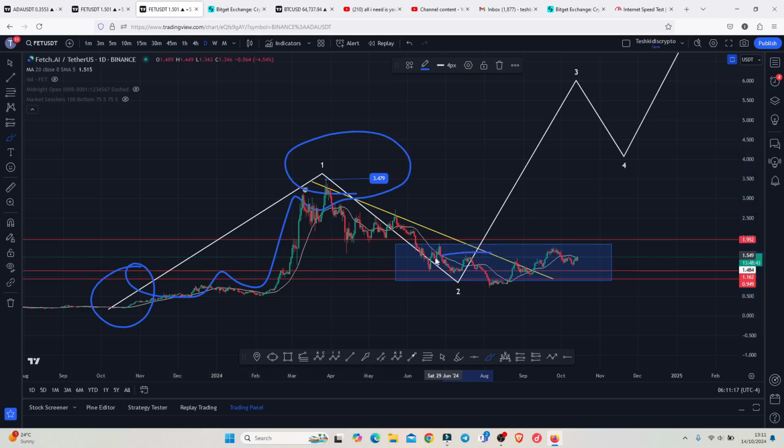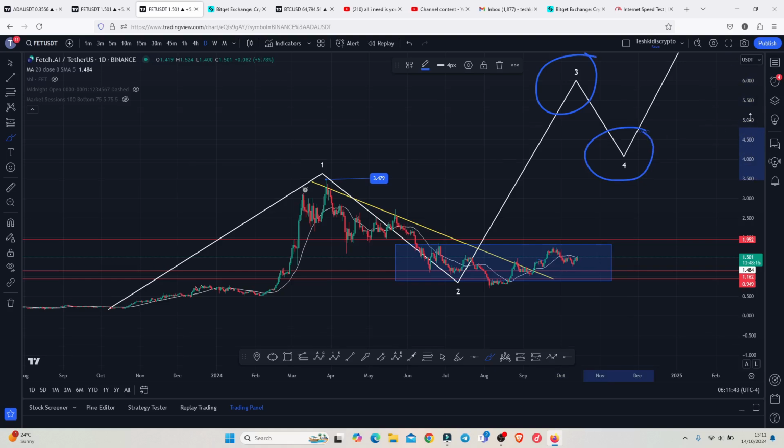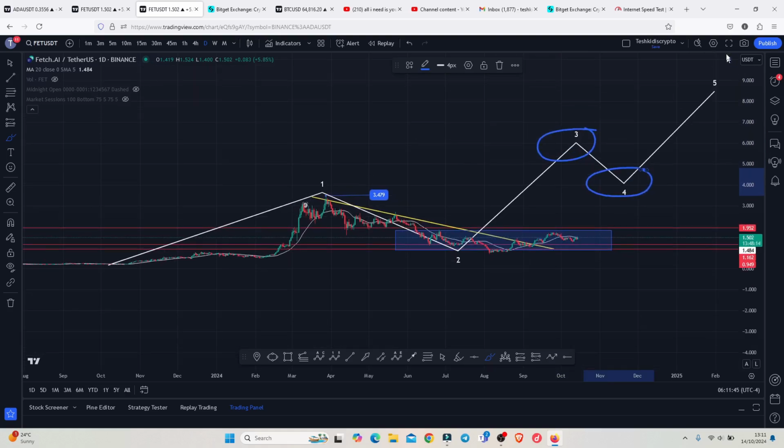Then we saw a bit of a short-term corrective structure in this Elliott wave count 2 into the minimum target areas highlighted here on the charts, an area that we have now fully maximized, and there are high chances that we have the lows in place for the second wave, and in the next coming weeks or maybe months, we are going to see that impulsive movement to the upside in an Elliott wave count 3, taking us to new all-time highs, then expect a wave 4, and then finally see the formation of this Elliott wave count 5, getting us back above the $10 in the next coming months and weeks.